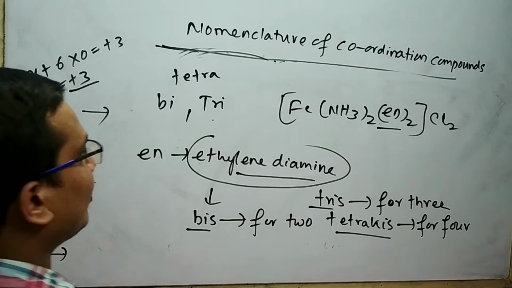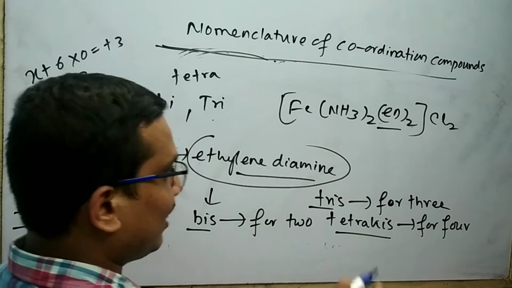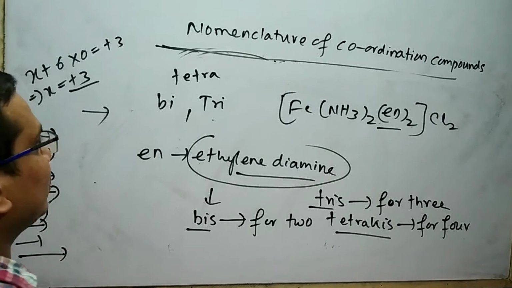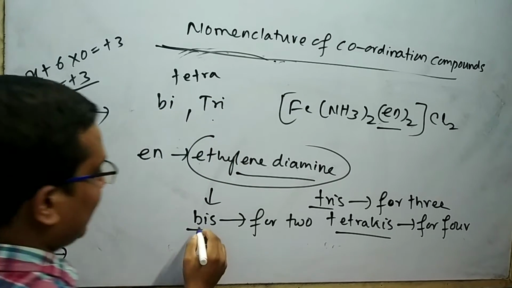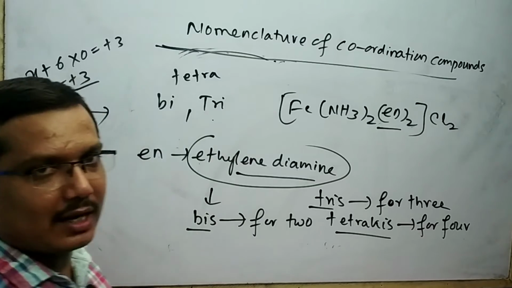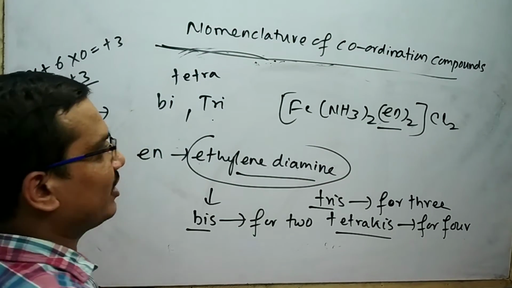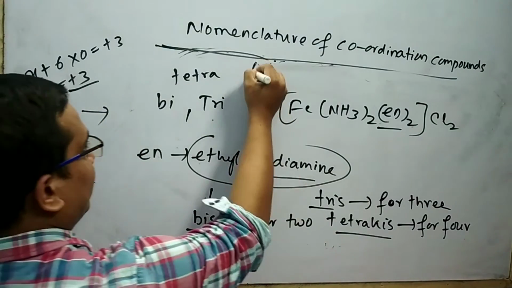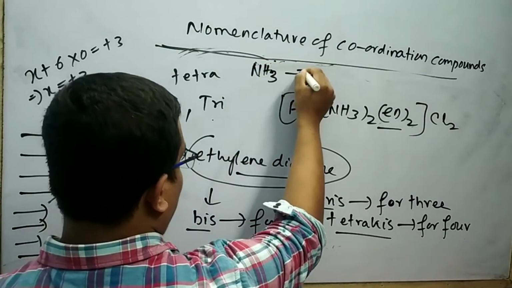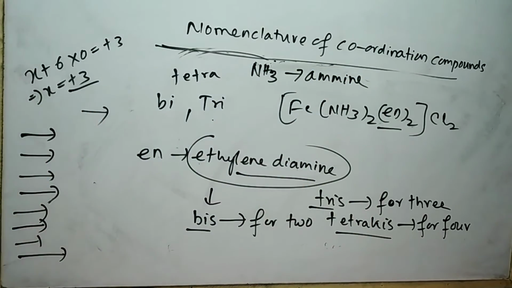Remember an important point: when the ligands are arranged in alphabetical order, don't consider the prefixes like di, tri, tetra, nor the prefixes like bis, tris, tetrakis. Two types of ligand are present. One is NH3, another is en. NH3 means ammine, en means ethylenediamine.